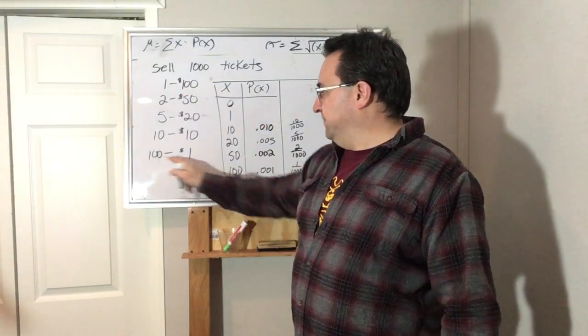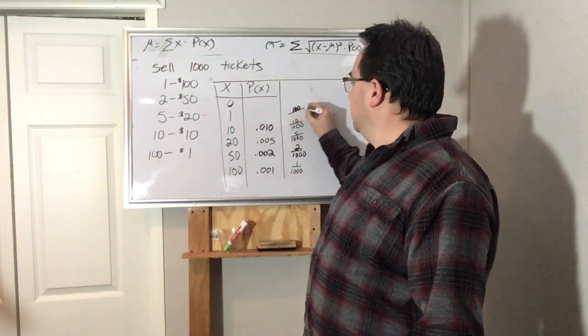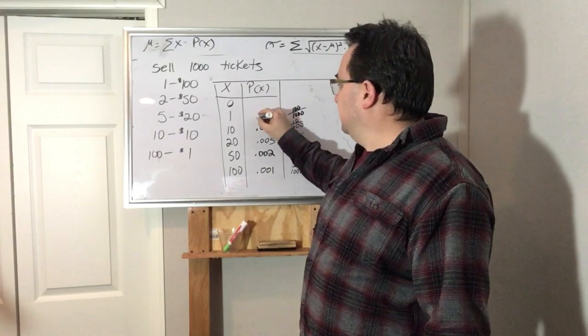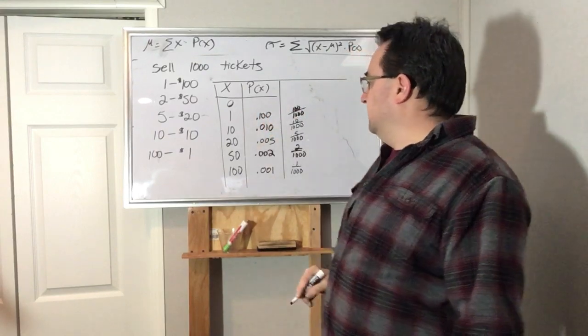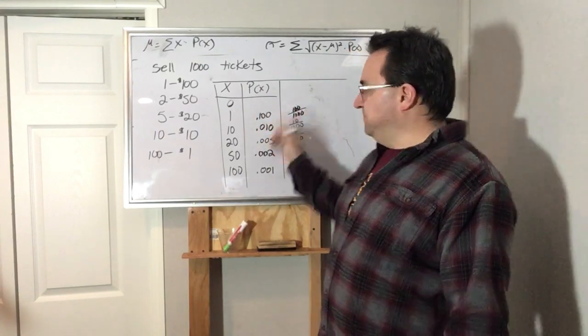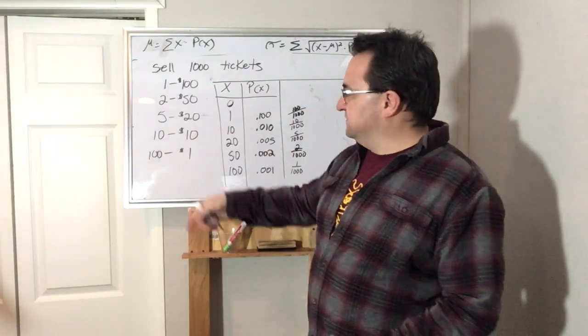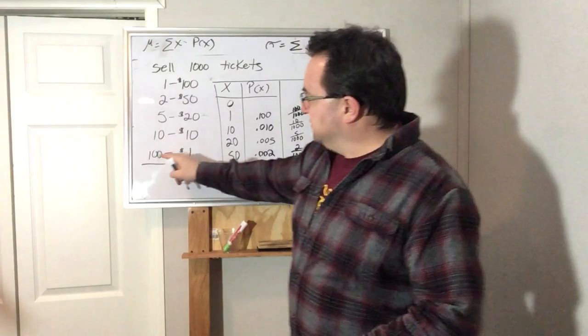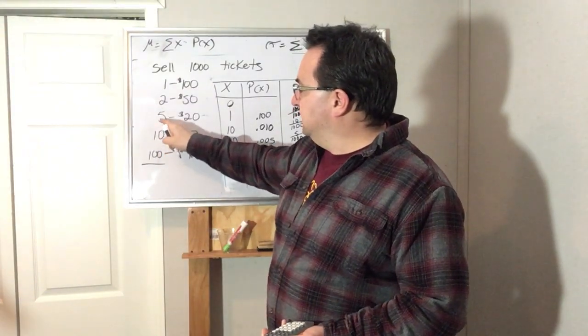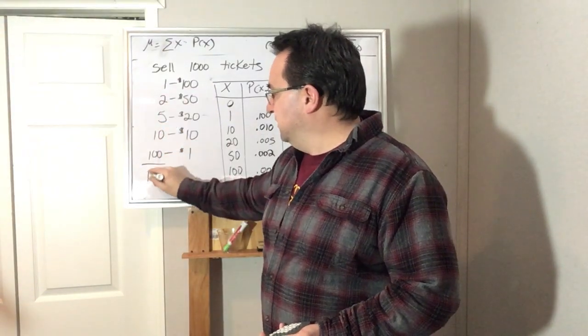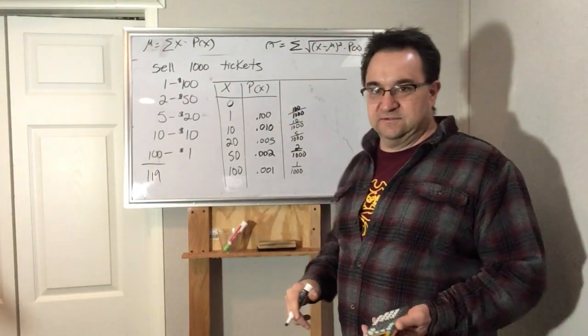Well, to win $1, there's 100 chances out of 1,000 tickets. That would be 0.100. And what would be my probability of not winning anything? Well, I got to figure out how many this is. So let's see. There's 100, 110, 115, 117. There's 119 winning tickets.